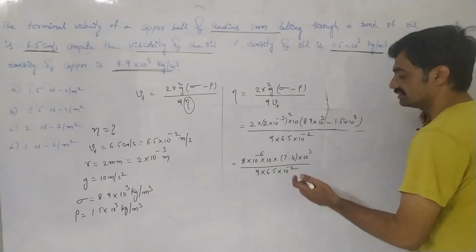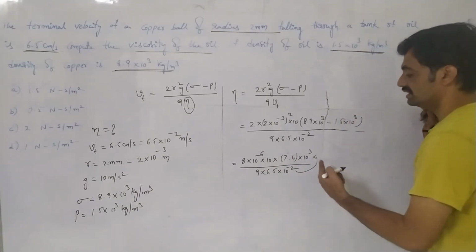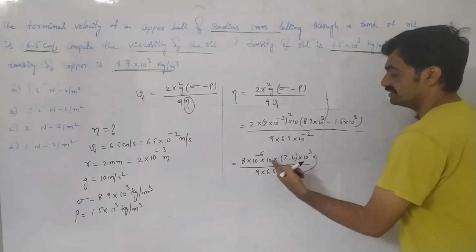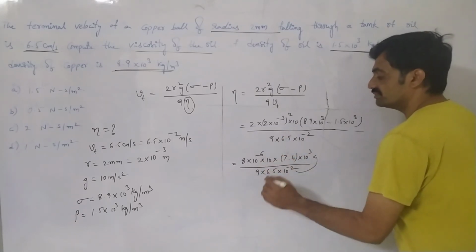So when we consider all the powers, when we bring this 10^−2 to the numerator, −2 plus 3 is plus 3... plus 5, plus 5 plus 1 is plus 6, plus 6 minus 6. So all the powers get cancelled.